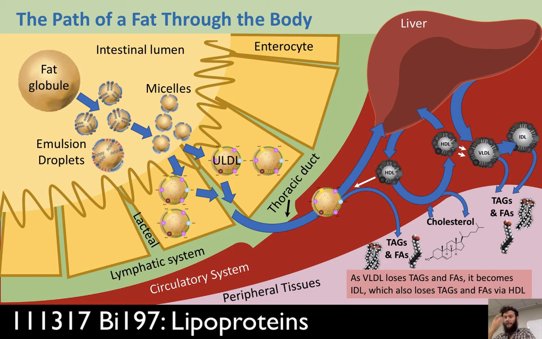As VLDL loses lipids, they become an IDL, intermediate density lipoprotein, which continues to spin off triglycerides and fatty acids. Again, interacting with HDL in that process. As they lose lipids, they eventually become LDL.